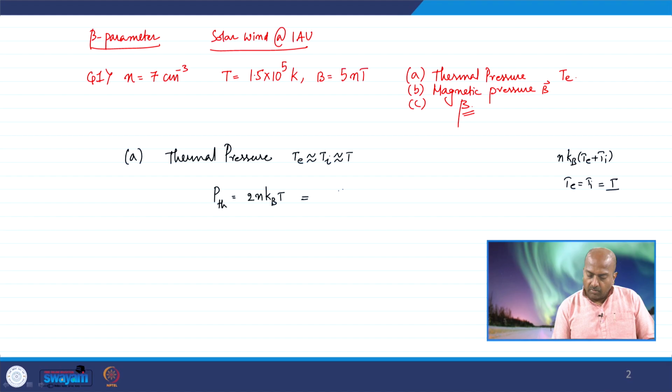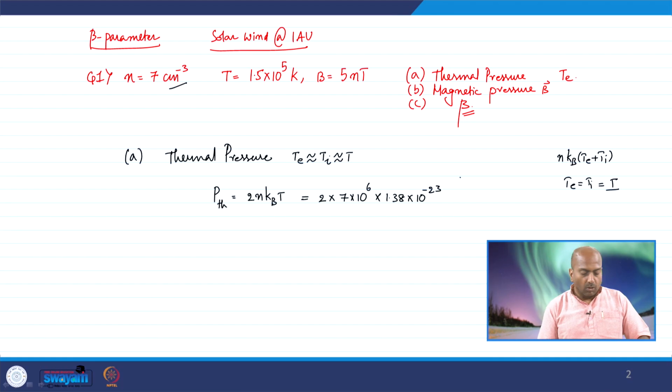So, in this expression we will just substitute what we know, 2 into 7 10 to the power of 6 particles, because I have converted per centimeter cube to per meter cube, into 1.38 10 to the power of minus 23, the value of kB, Boltzmann's constant, and the temperature is 1.5 10 to the power of 5.